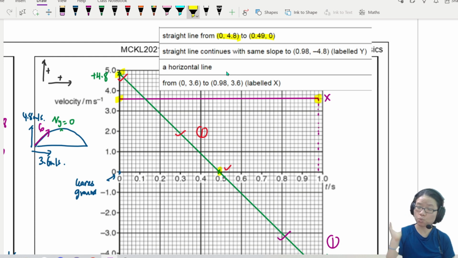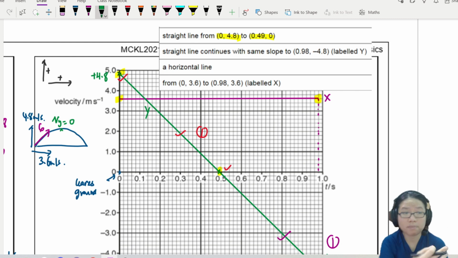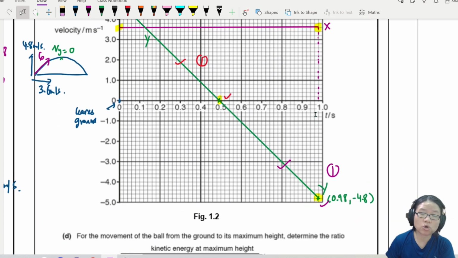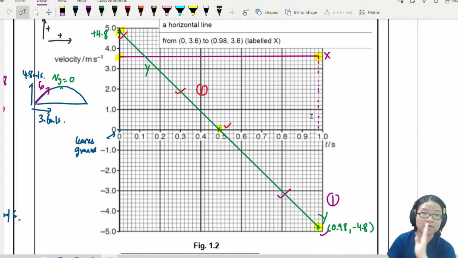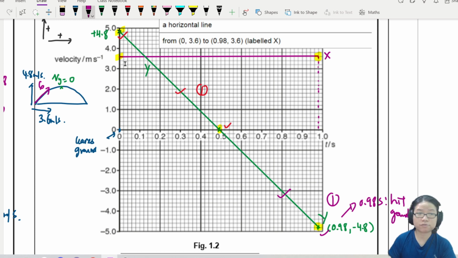Very important to end one box before 1.0, and you label this line X. So my friends, for graphing, if you have enough information, you should be able to show all the key values: the starting, where it reaches 0 at maximum height, the ending, and also stop at the right time, because this is when it hits the ground at 0.98 seconds. Important time. Okay, so that's it. 4 marks for this graph.